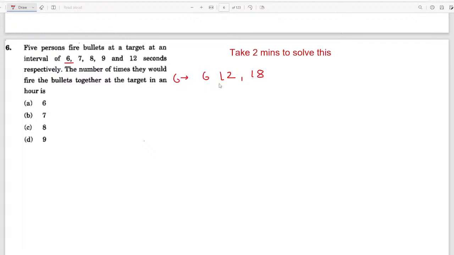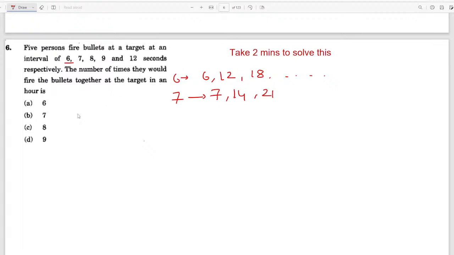So this is 6, 12, 18 and so on. The 7-second guy will also fire at the 7th second, then the 14th second, then the 21st second, like this. Similarly 8, 9 and 12 also. And they are asking the number of times they would fire the bullets together at a target in an hour.